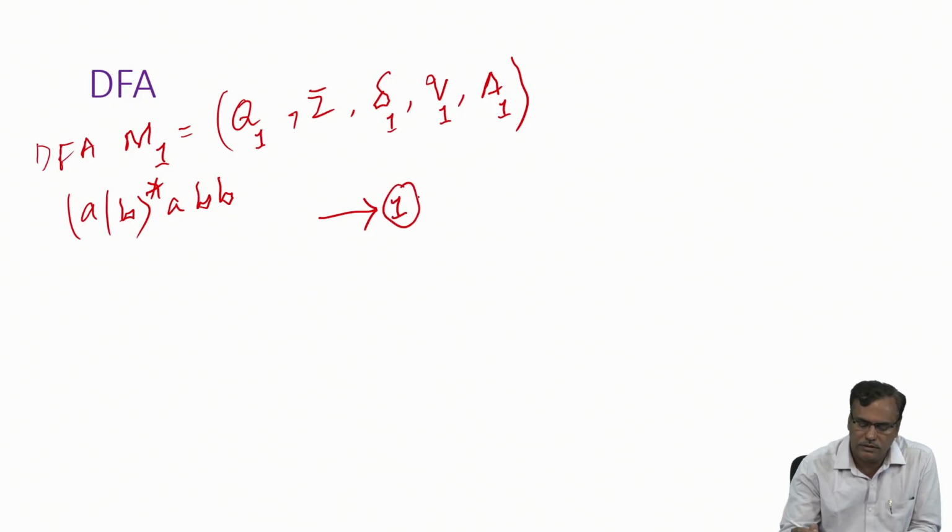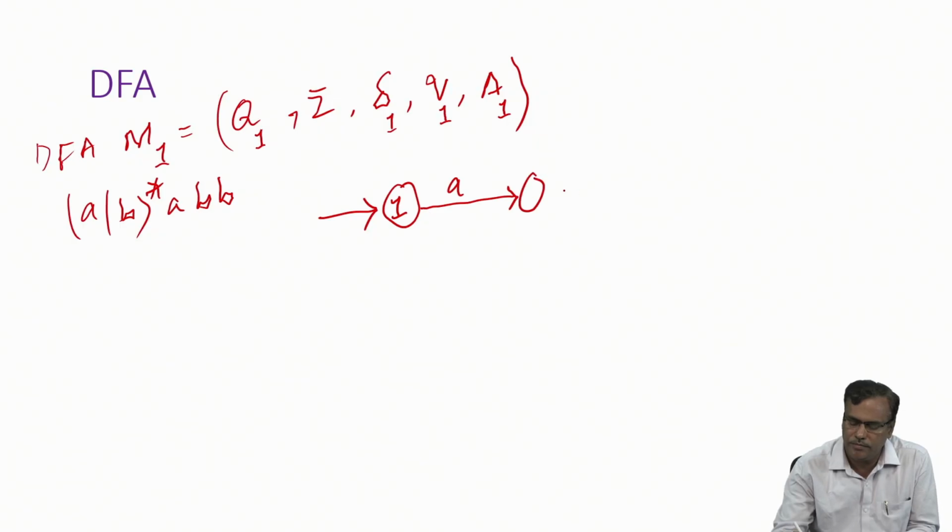This is state 1. You know every string must end with ABB, right? So A, B, B. I am using the state names 1, 2, 3, 4.